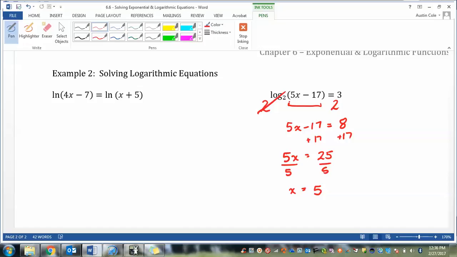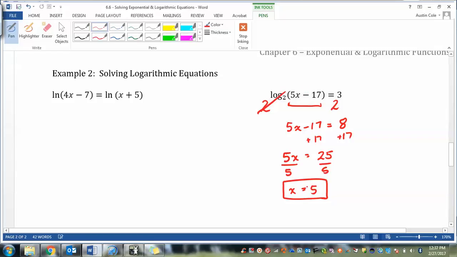It can't work. A mistake a lot of students make is to say, oh, well this is positive, so it has to work. It doesn't matter what this number is, it matters what this is. Okay?